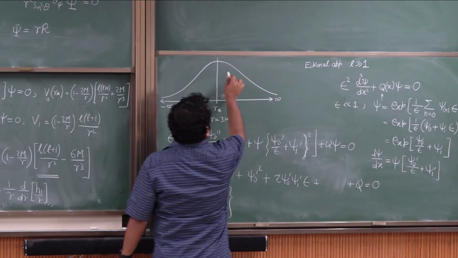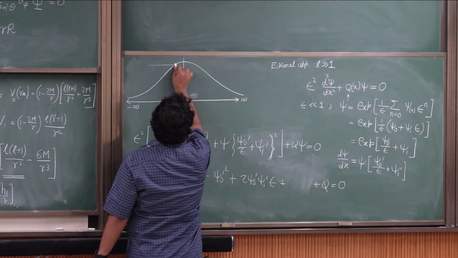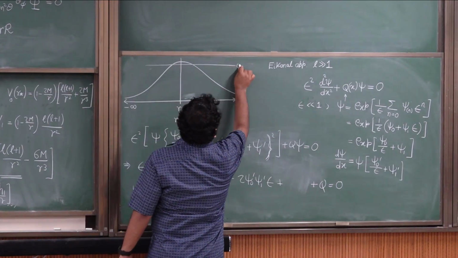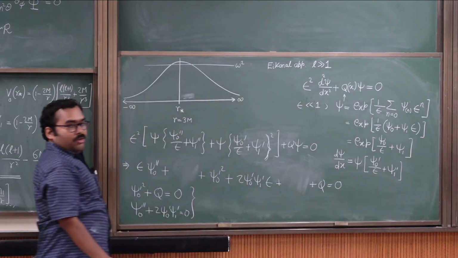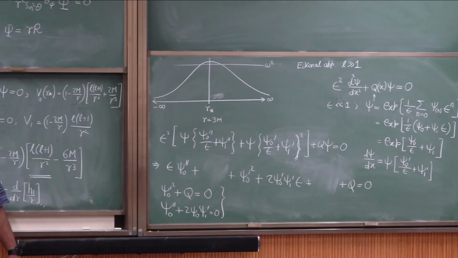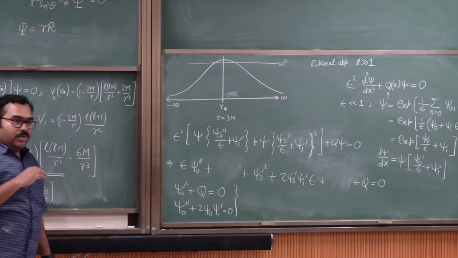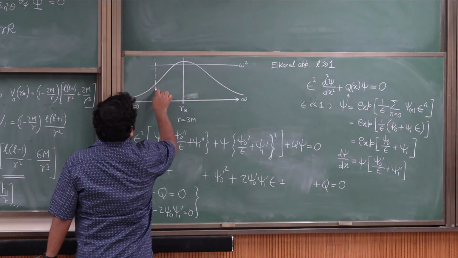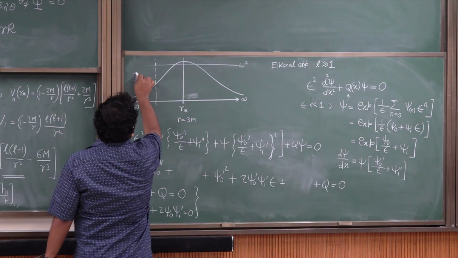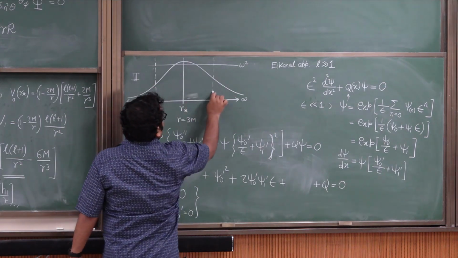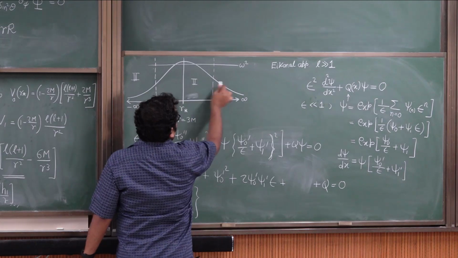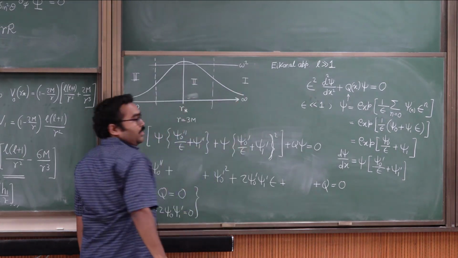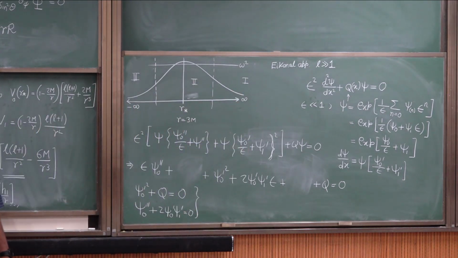So you assume that your omega is here, pretty close to the maxima of the potential, and you decompose the potential into 3 parts. This is region 3, this is region 2, and this is region 1. Yes.